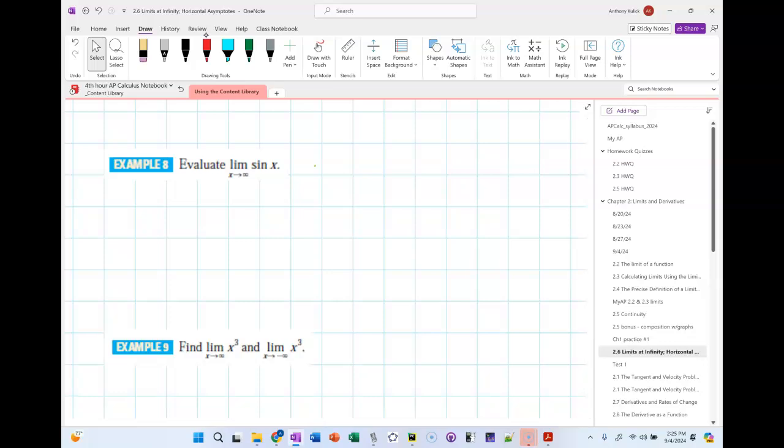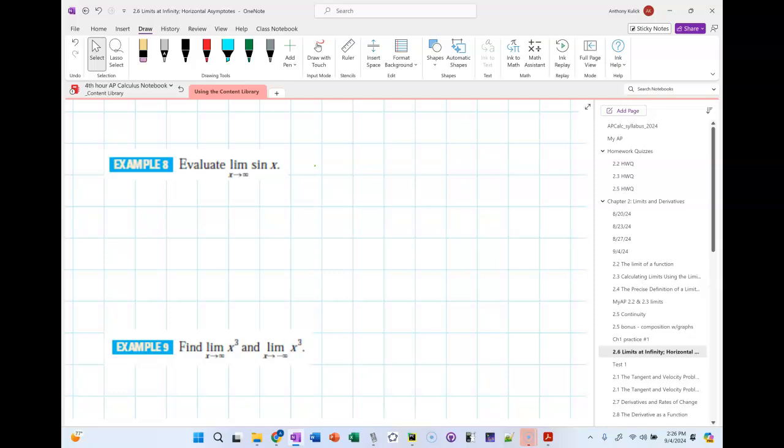The limit as x approaches infinity of sine. What do we think that is? It's not 0. It's what? It's not 1. 1 and negative 1.